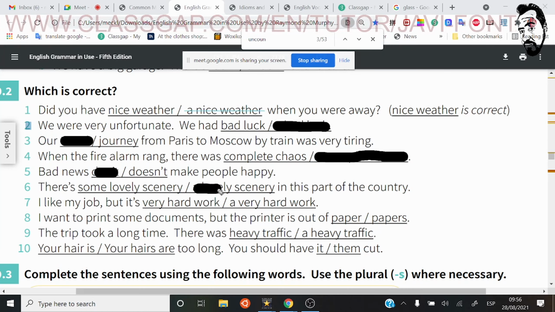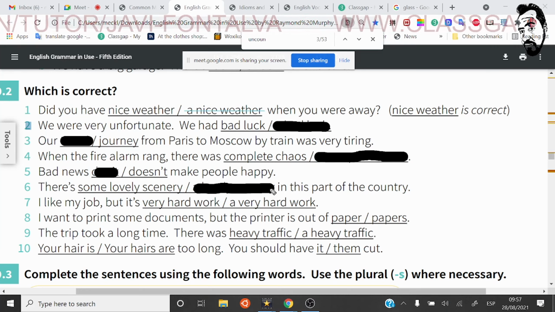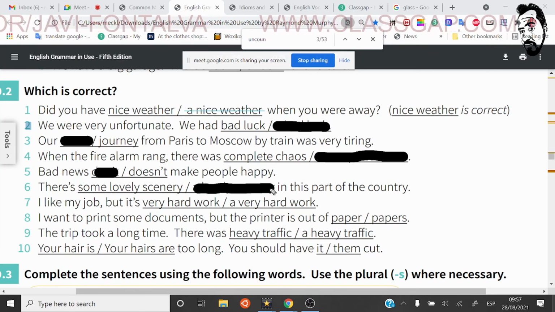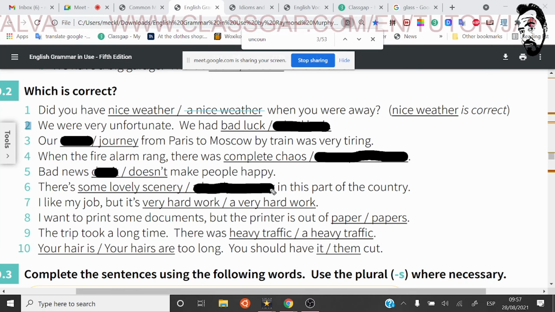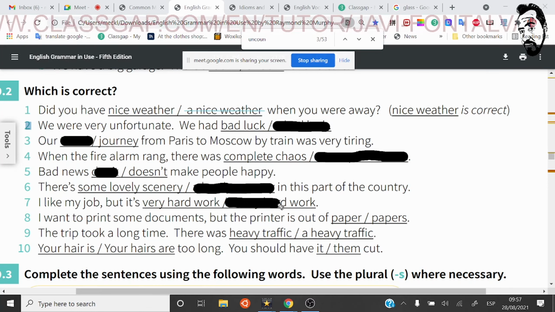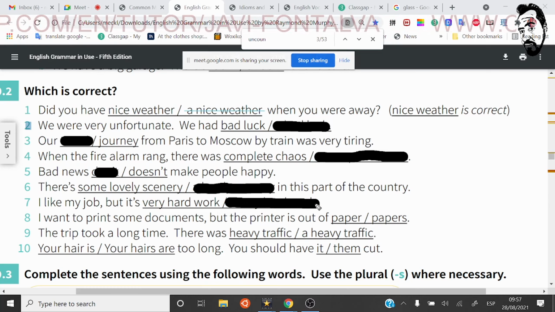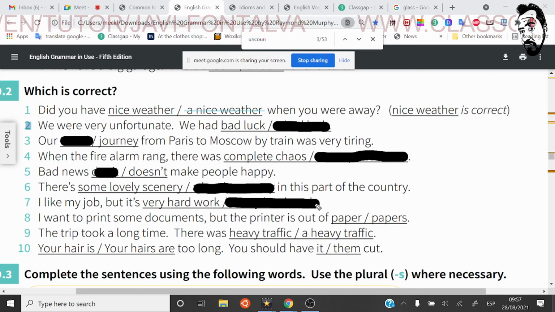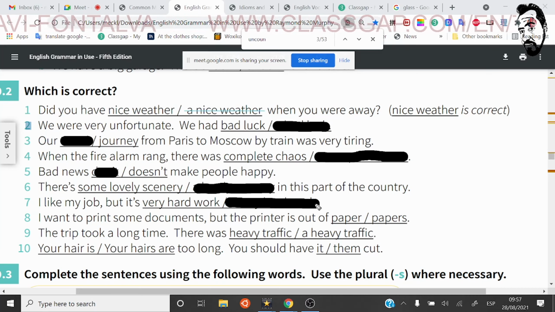Perfect. 7. I like my shop, but it's very hard work. It's very hard work. You can say it's a very hard job. That's possible. Although work is more in general, the idea of work is activity, and job is more specific. 8.